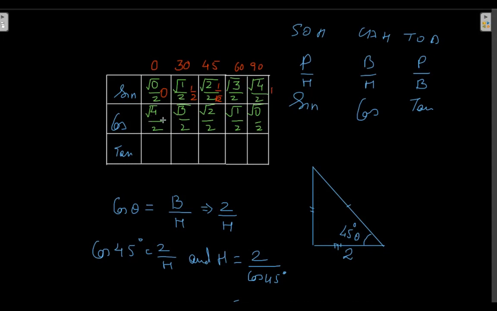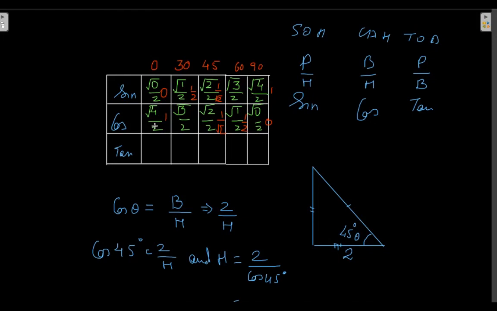Since cos is just the reverse of what we did in sine, it becomes 1. Under root 3 by 2 remains the same. It becomes 1 over root 2. Then it becomes 1 over 2. And this of course becomes 0. So whatever you write from left to right in case of sine, in case of cos, just write the same thing from right to left.